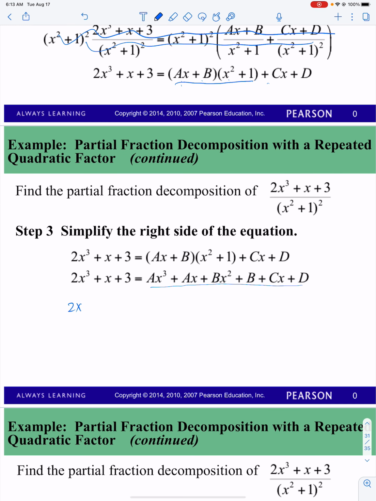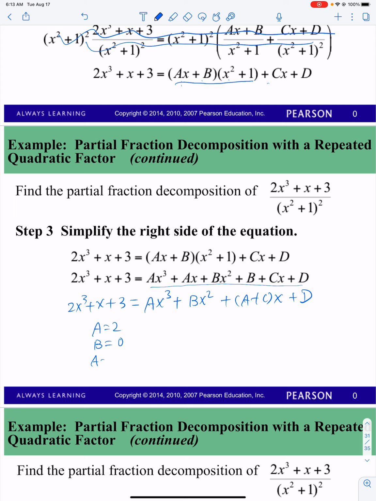When you FOIL it, what will you get? It's 2x cubed plus x plus 3. You have what? Ax cubed plus what? Bx squared. Oh, this one is not bad. Then you have A plus C x, and then plus D. What do we have? A equal to 2. Yeah. So B equal to what? 0, yeah.